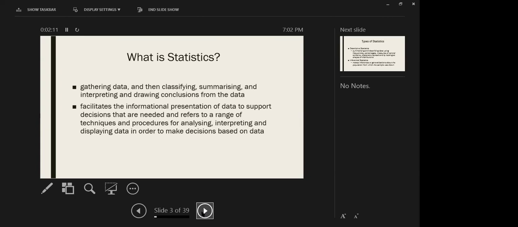So why are you drawing conclusions from the data, and why are you gathering the data in the first place? The reason why people gather the data and draw conclusions from the data is because they want some statistical information to support their decision making processes, right?